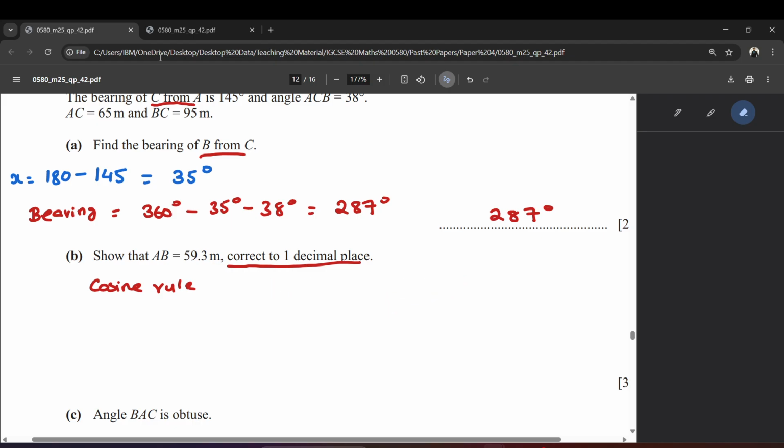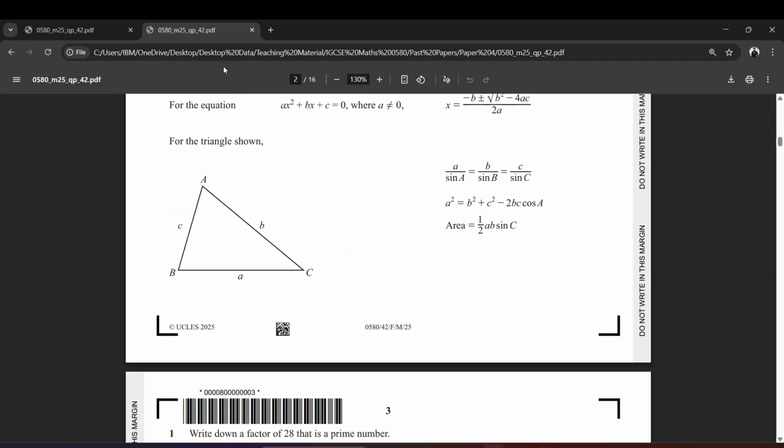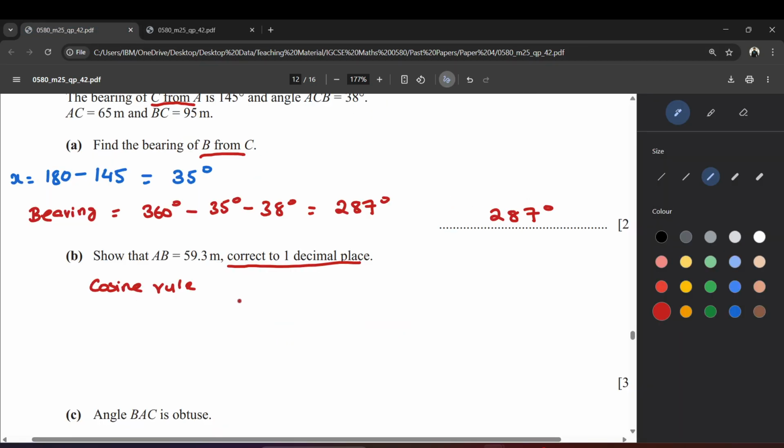So we can directly use the given formula, which is a square equals b square plus c square minus 2bc cos A. So we can say a square equals b square plus c square minus 2bc cos A. So this will be a is ab, okay, and I can take square root.